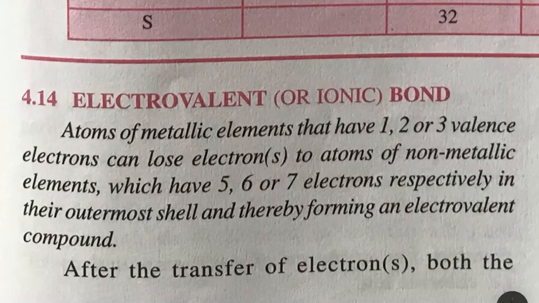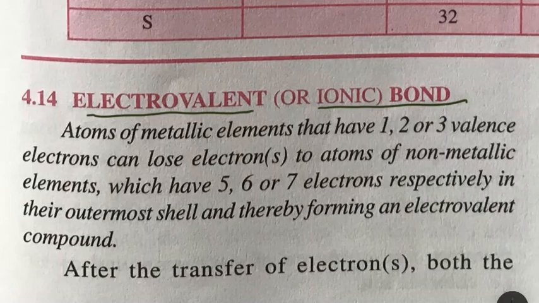To continue with the chapter Atomic Structure and Chemical Bonding, today we are going to learn about the electrovalent bond, which is also known as the ionic bond. Now in the last upload, I told you that the chemical activity of any atom depends upon the number of electrons in the outermost orbit, because all atoms which have less than 8 electrons tend to attain the octet configuration so that they can become stable.